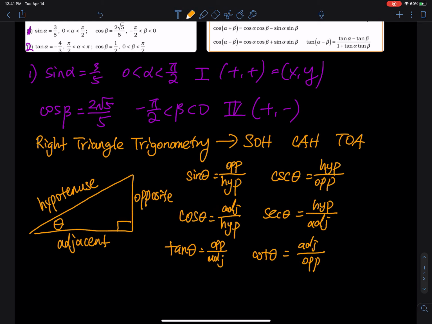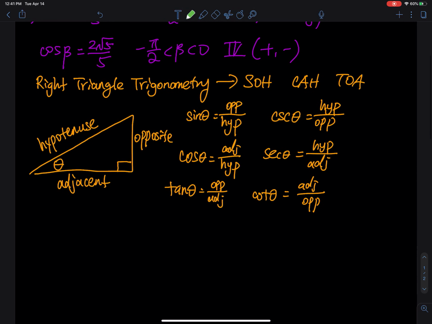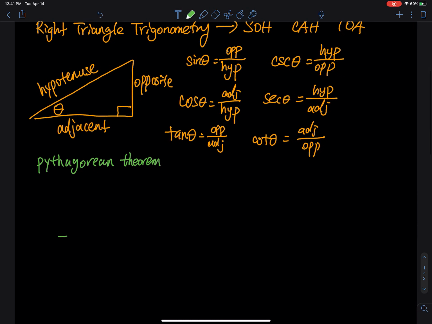And for right triangle trigonometry, there is one other important theorem, called the Pythagorean Theorem. What is the Pythagorean Theorem? You have a right triangle. The Pythagorean Theorem describes the relationship between the sides.